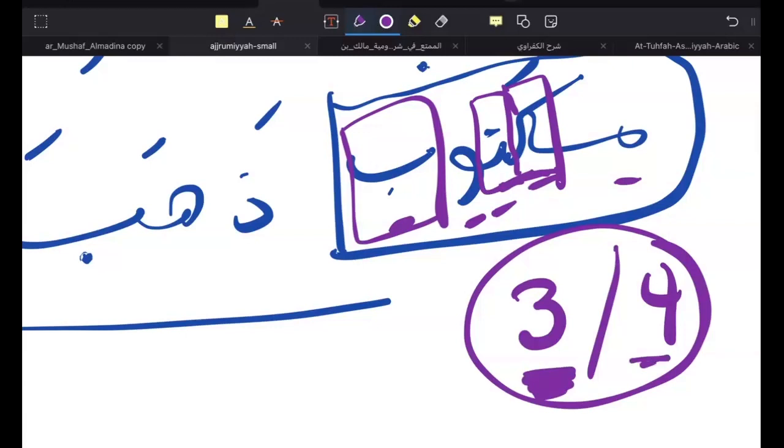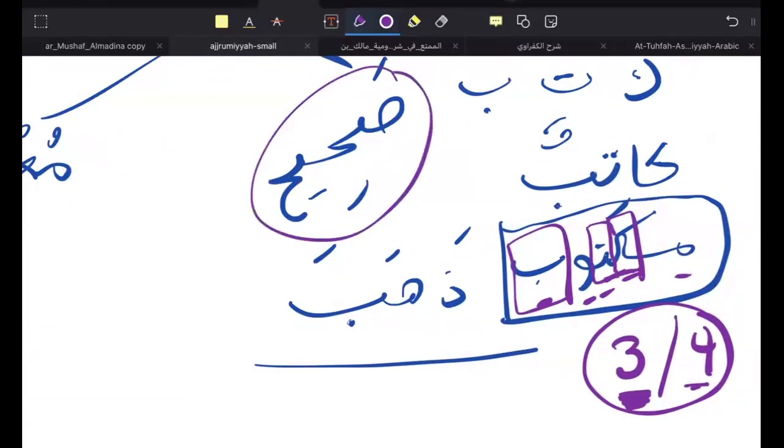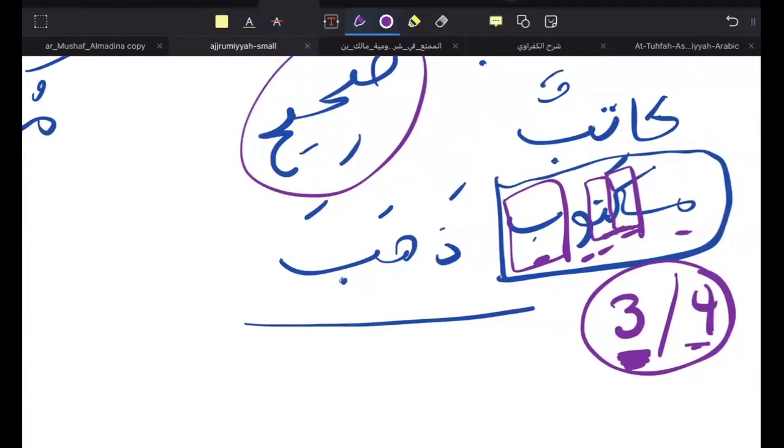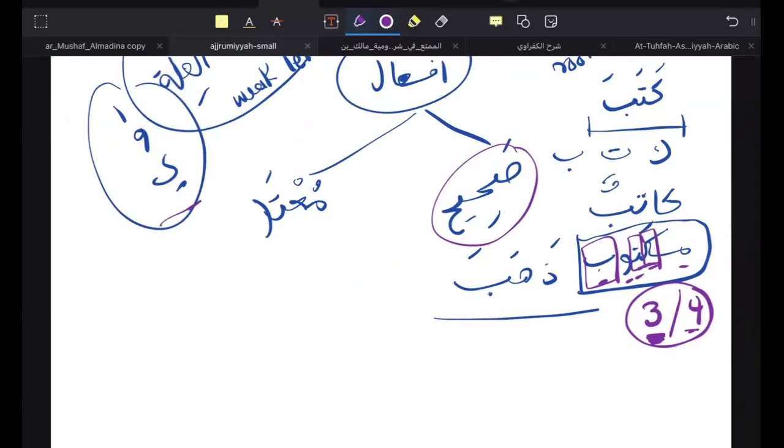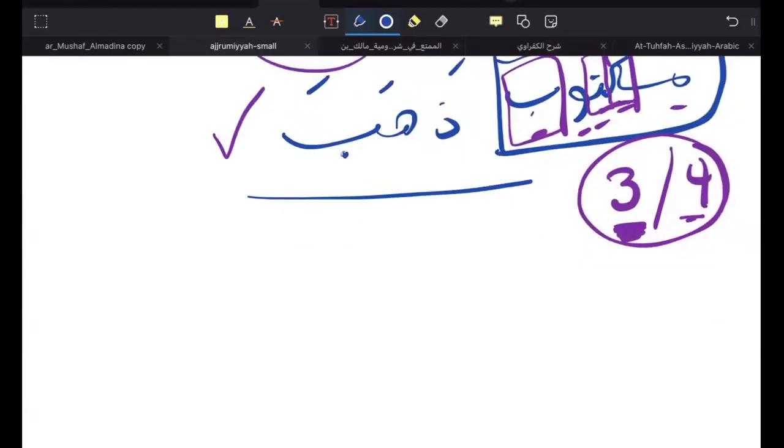Okay, so when we say the verb is sahih, we mean that its root letters are not any of those huruf al-illa. So for example, if you look at dhahaba, is there any of huruf al-illa here? No. So that means it will be considered as sahih. Do you understand? Kataba.